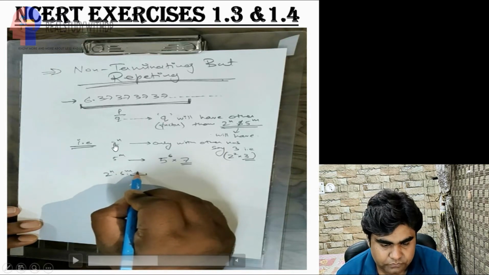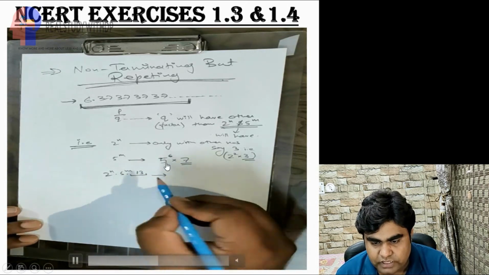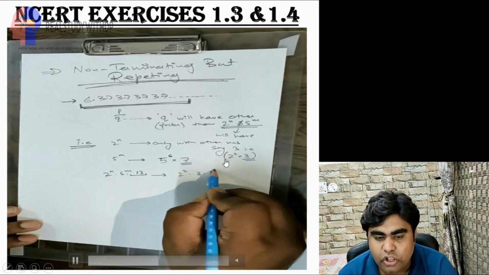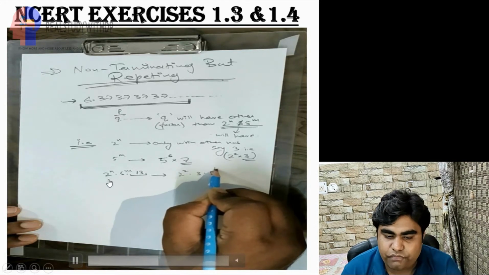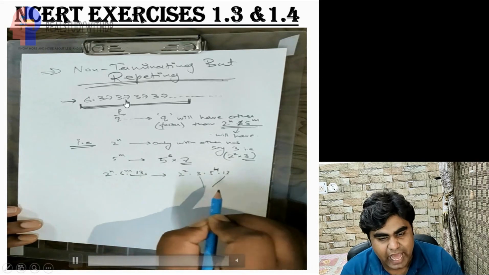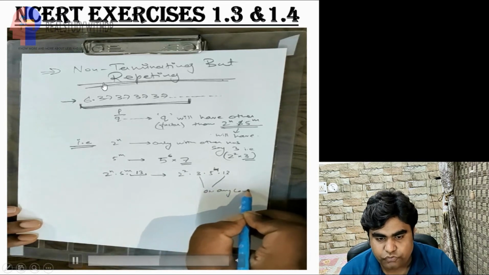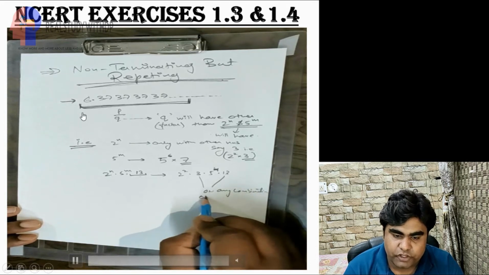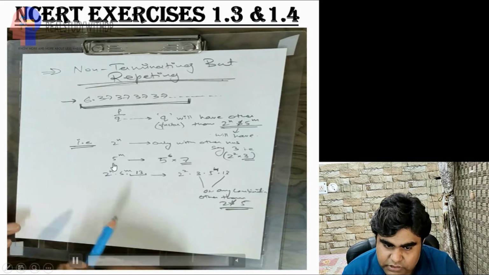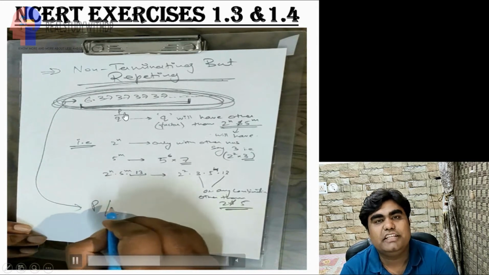Apart from 2 and 5, there will be another number, say only 2 with another number, or 5 with another number, or 2 and 5 with another number. So it can have any of the 3 scenarios. When we convert this whole number into p by q form, q will have a factor of 2 along with other numbers, or 5 along with other numbers, or 2 and 5 with other numbers. So in short, it will have numbers other than 2 and 5.